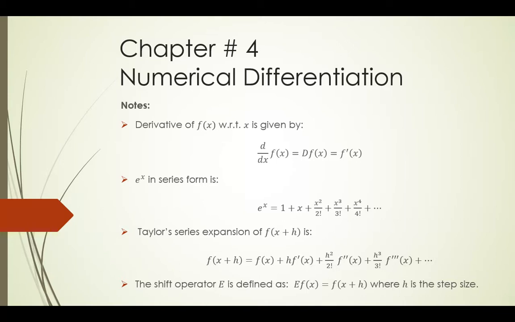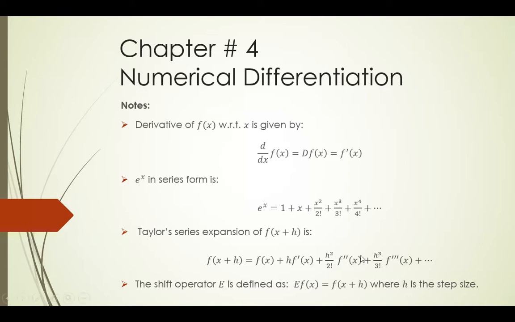And the fourth one is the shift operator E, which you have studied in the previous chapter. Whenever a shift operator is applied on a function, a step will be added in that function.